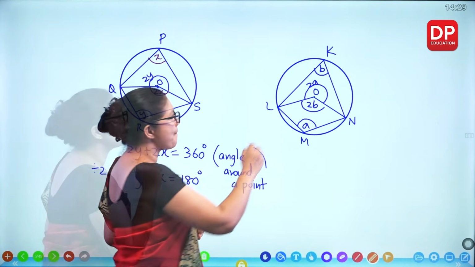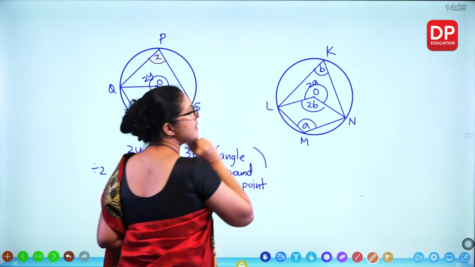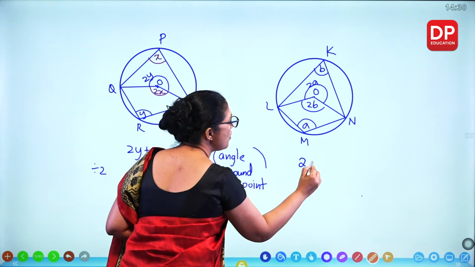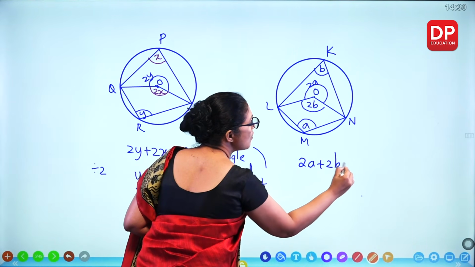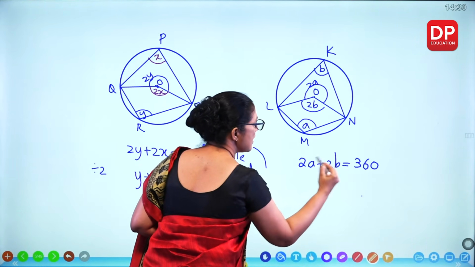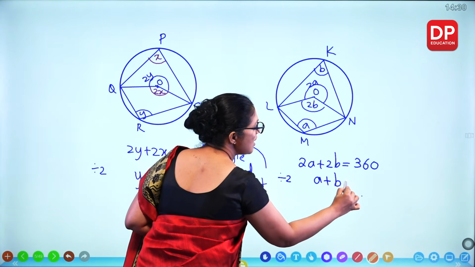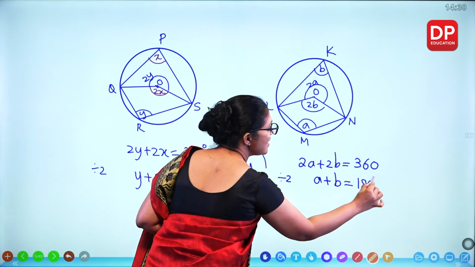Now again, what can you say about angle around the point? That's 360. So 2A plus 2B is equal to 360. Divide by 2. A plus B is equal to 180.